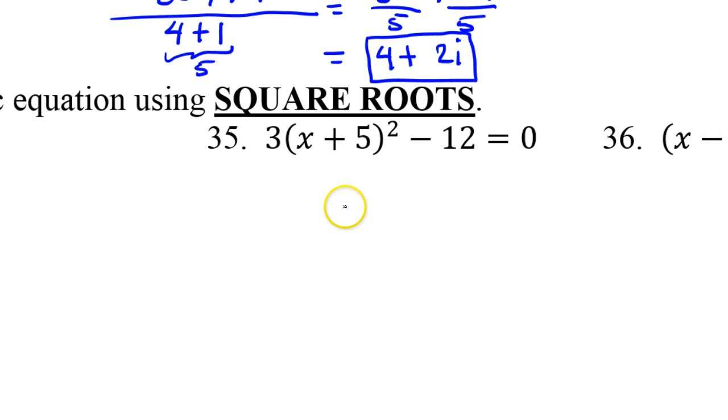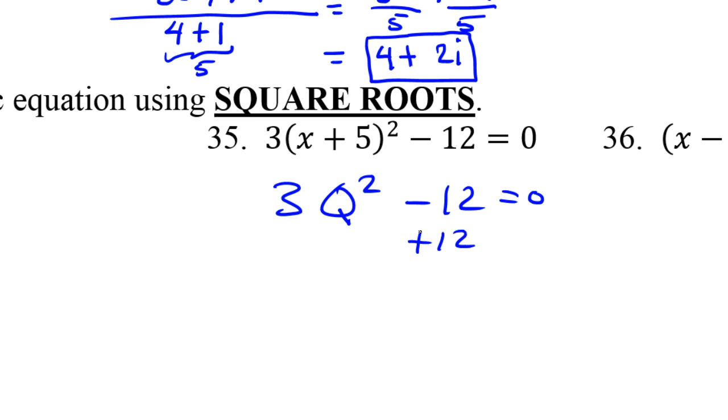Let's do this again. Now again, if this were a q, like 3q squared minus 12 equals 0, what would you do first? Well, first you would add 12 on both sides. That would give you 3q squared equals 12. What would you do next?